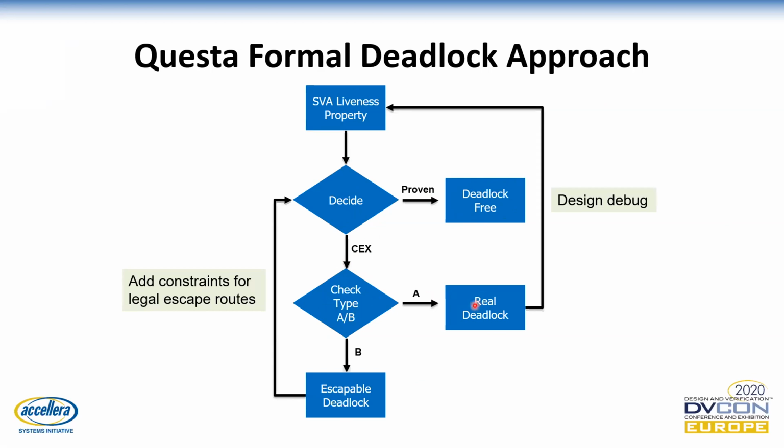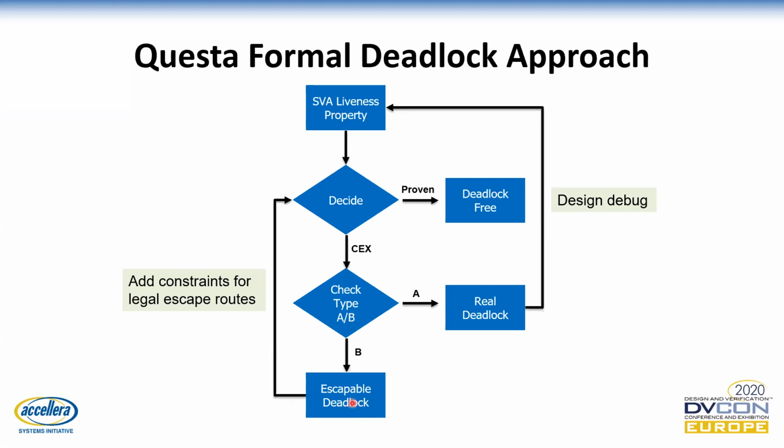If the CTL tells us there is a deadlock, then there is indeed a deadlock. Then you have to go back, debug and fix the design. Otherwise, the tool will tell us that the maybe escapable deadlock reported by the LTL is actually escapable. There is a way to go out.